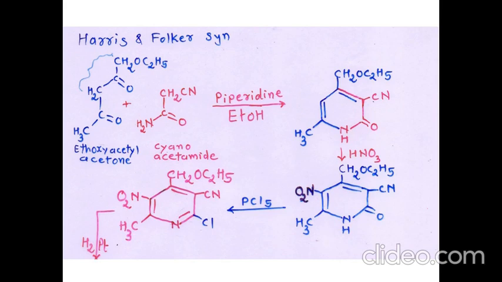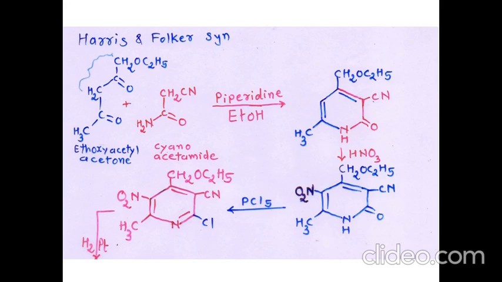So it is nothing but ethoxy acetyl acetone, where the acetone part is shown with the curvature line. The red one is cyanoacetamide. CH3CONH2 is acetamide, but you have the CN group at carbon CH2, that is cyanoacetamide.